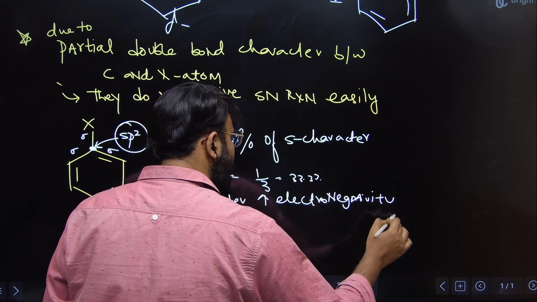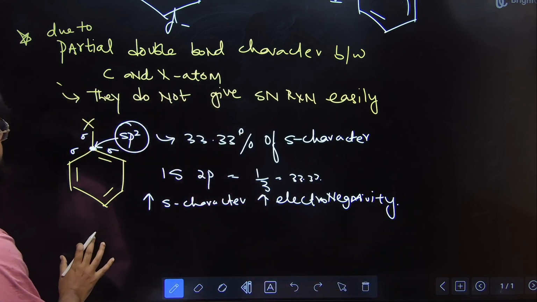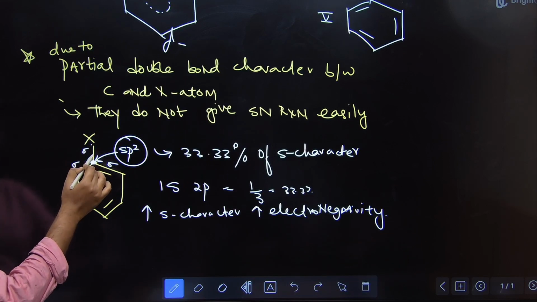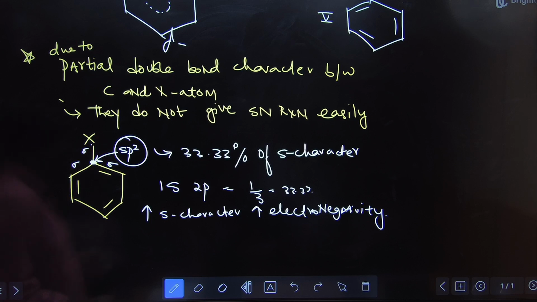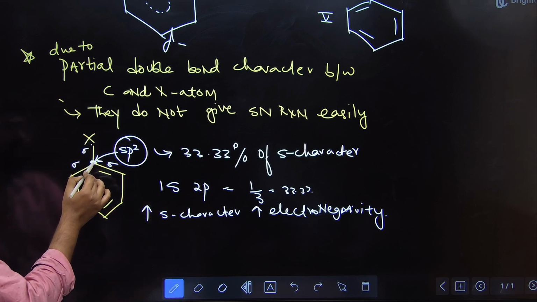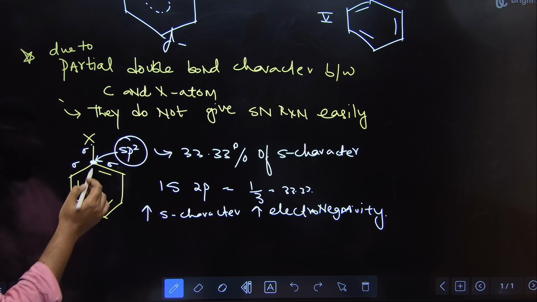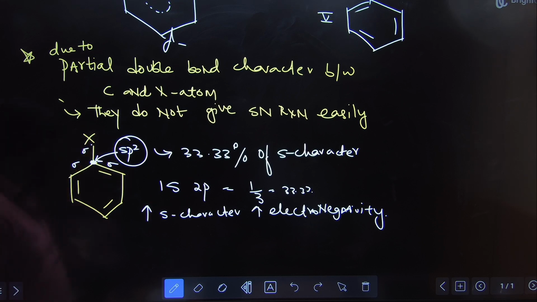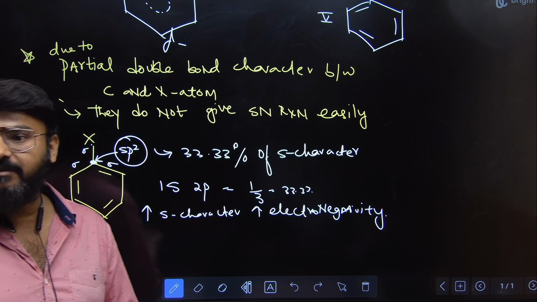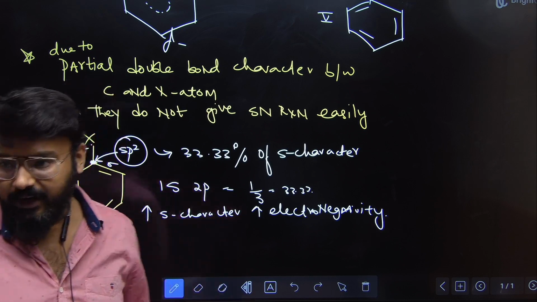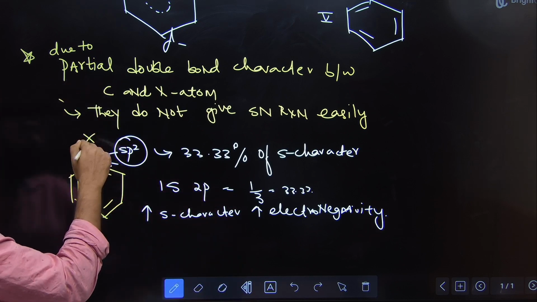And when electronegativity is more, this carbon halogen bond will be strong because they will hold it tight. This carbon has more electronegativity, and this halogen also has more electronegativity, so their bond will be very, very strong. They both will be attracted to each other.